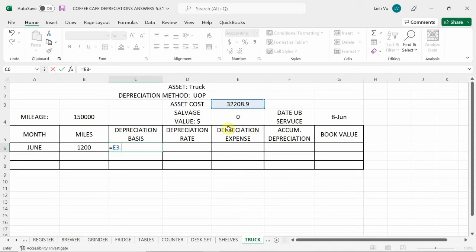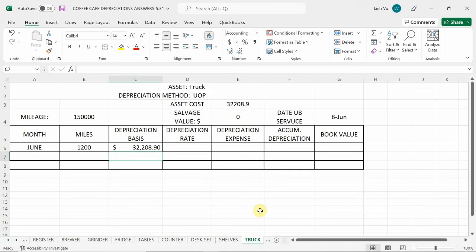Yes, not just the price, it's asset cost minus salvage value. In this case it is the asset cost, but you have to remember that even though there is no salvage value, salvage value is a part of that formula. So it's not strictly just the price of the car, but in this case, yes, it's 32,208.90.